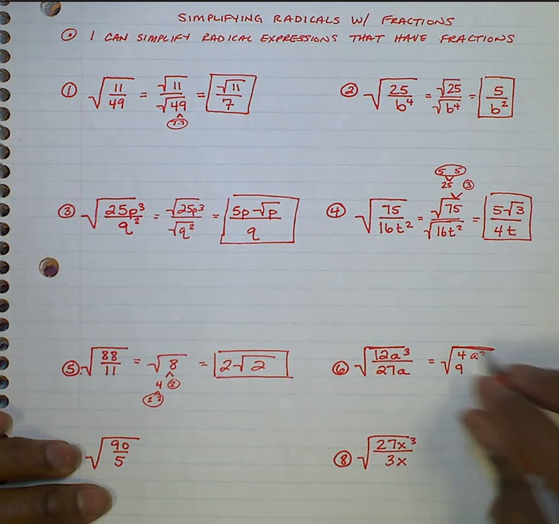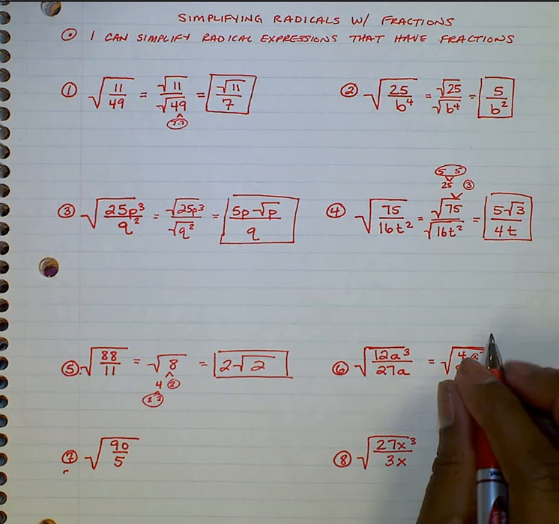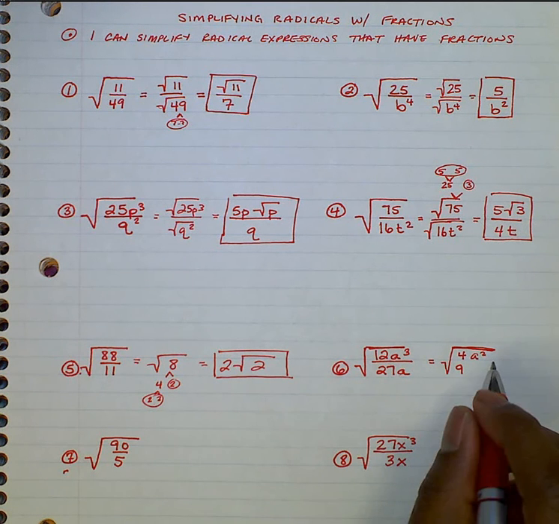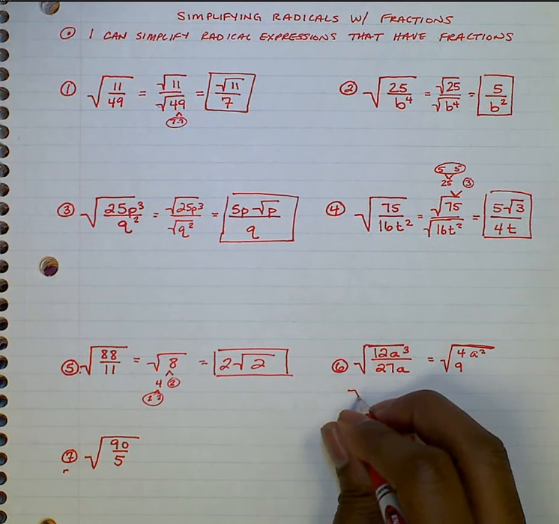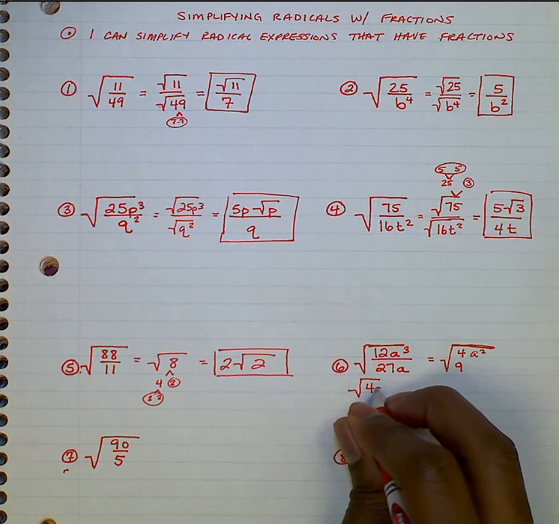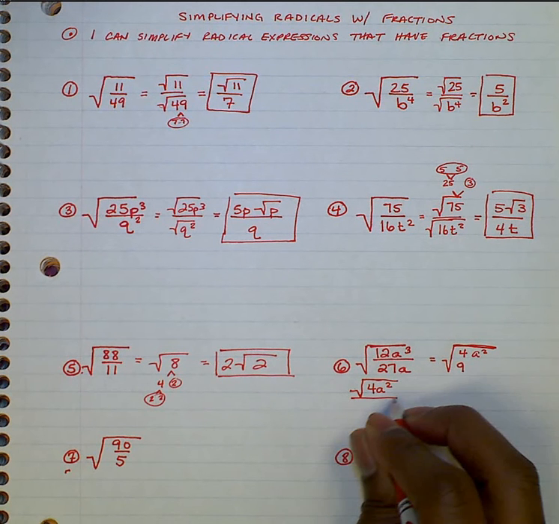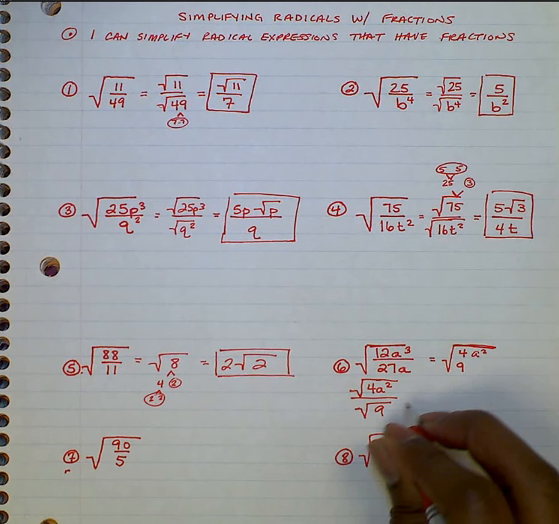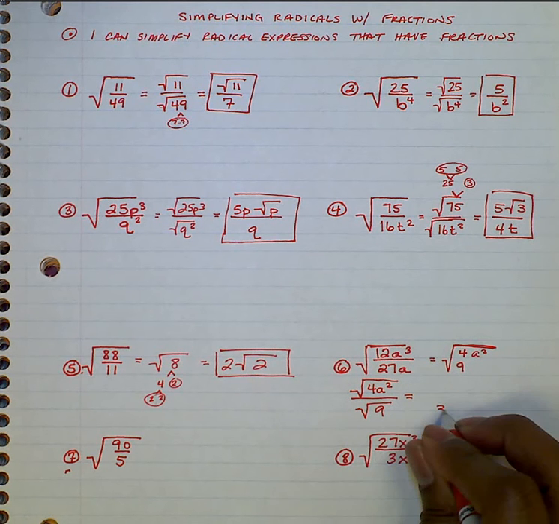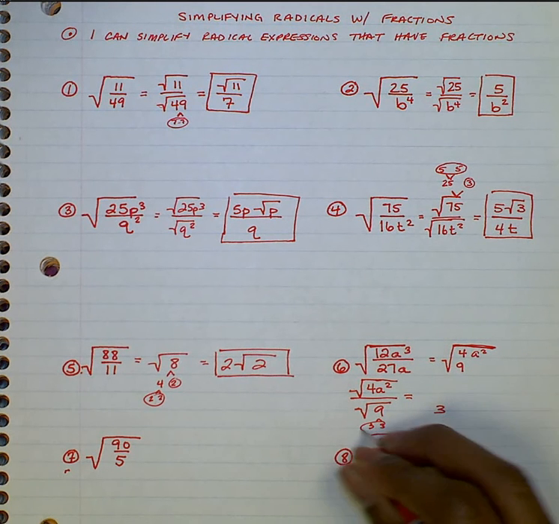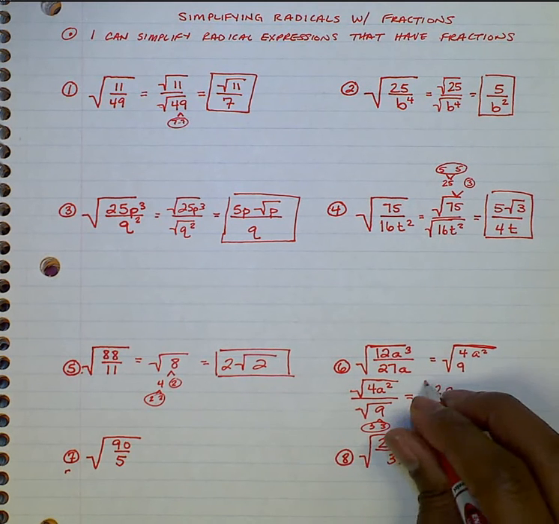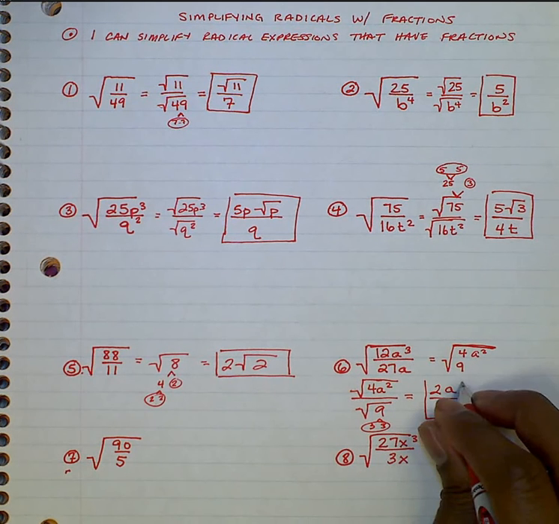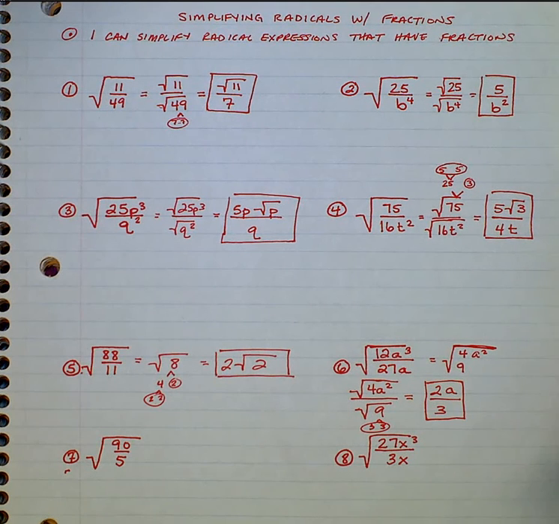So now I have radical 4a squared over radical 9. Well, radical 9 is 3. Radical 4 is 2. A squared is a. And so here's my answer for number 6. 2a over 3. No radicals left.